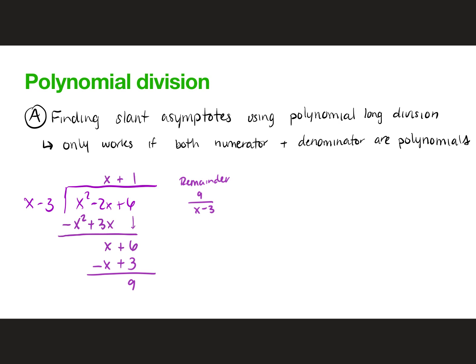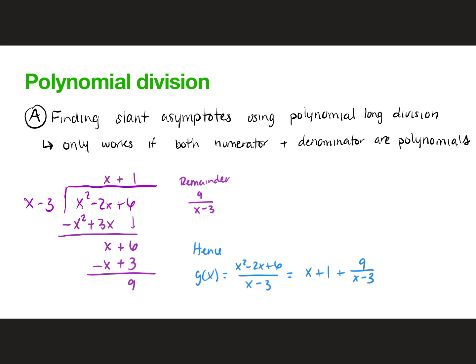And so what's the takeaway? Our function g of x, which is x squared minus 2x plus 6, divided by x minus 3, is equal to x plus 1 plus 9 divided by x minus 3.